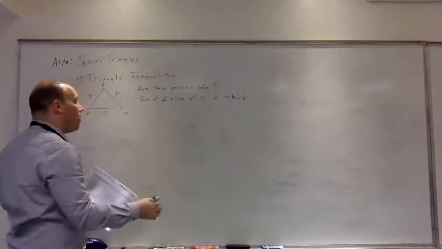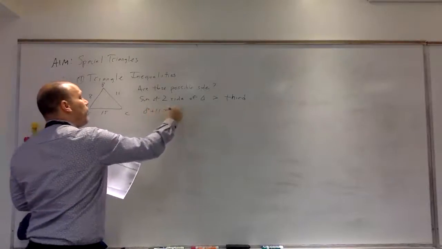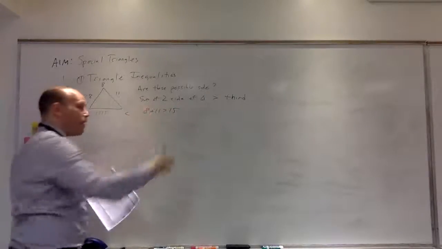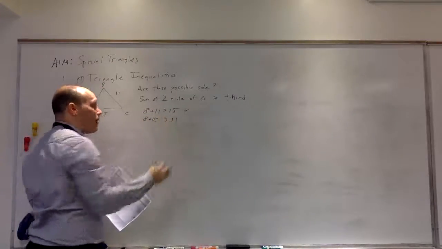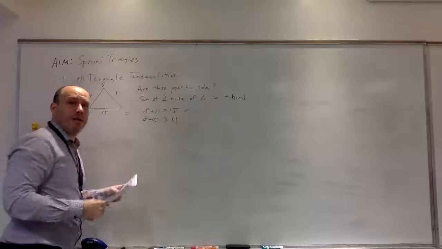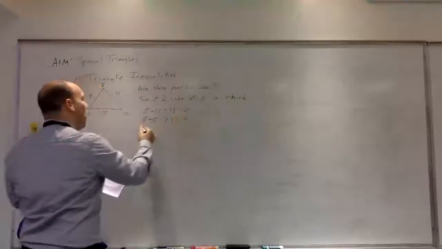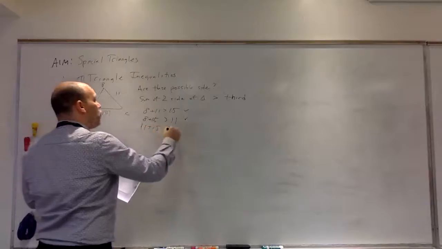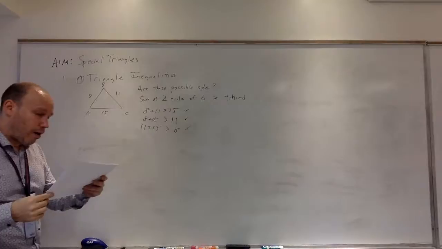So for example, 8 plus 11 is greater than 15, right? 19 is greater than 15. We know that 8 plus 15 is greater than 11. 23 is greater than 11. And we know that 11 plus 15 is greater than 8. Therefore, these are the possible sides of a triangle.